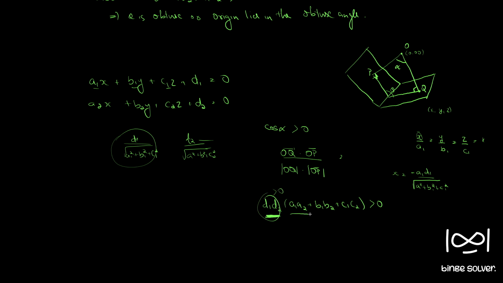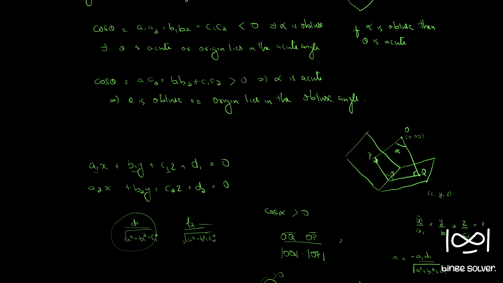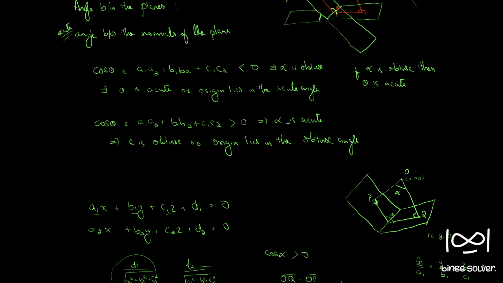So ultimately a1a2 plus b1b2 plus c1c2 becomes greater than 0. In such a case, as we saw here, alpha is acute and theta is obtuse, and the origin lies in the obtuse angle. That is how the proof works.